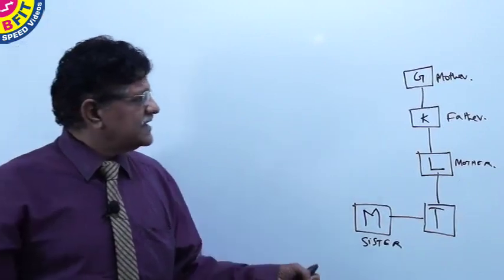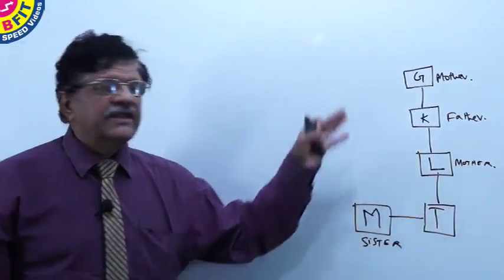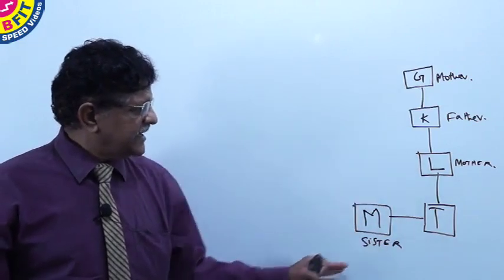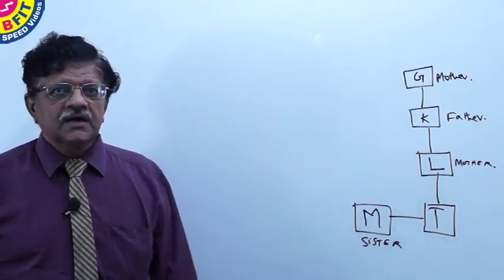Now, because we have drawn this, all this alphabetic confusion will vanish, and very clearly we have got there are 4 generations.